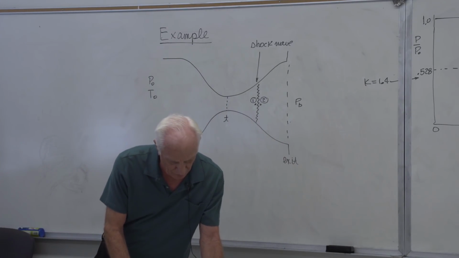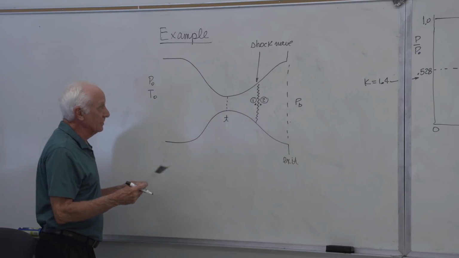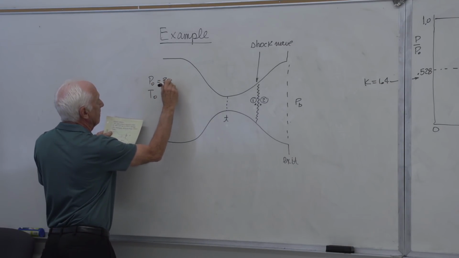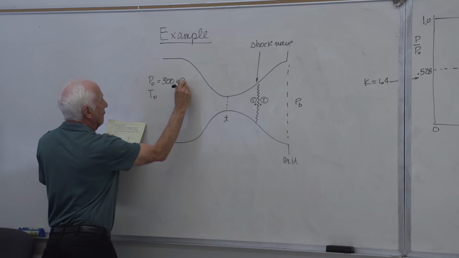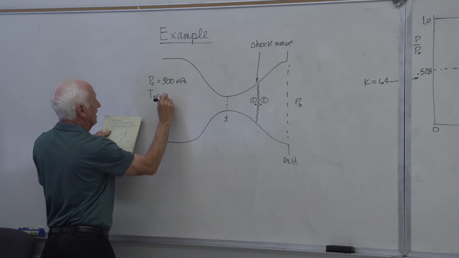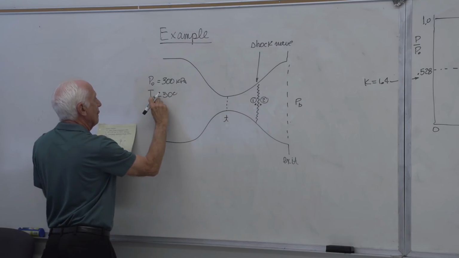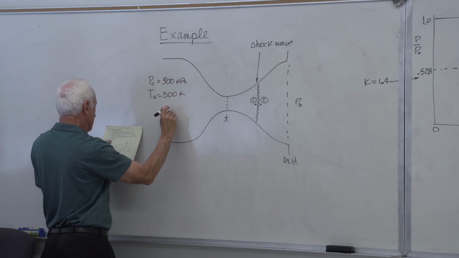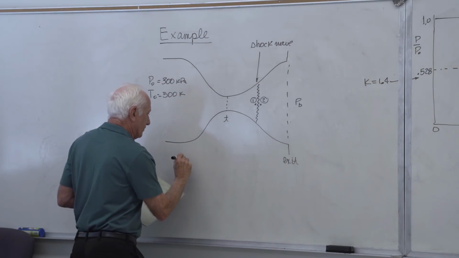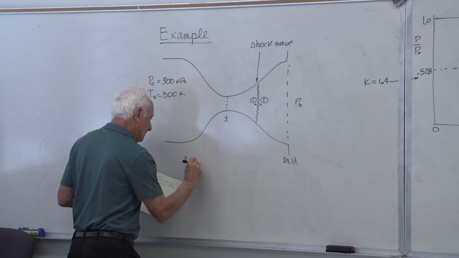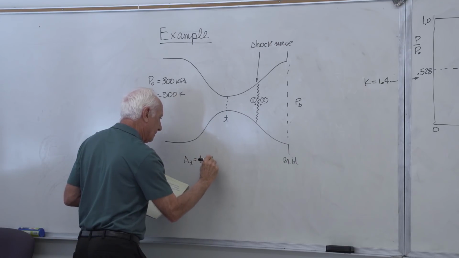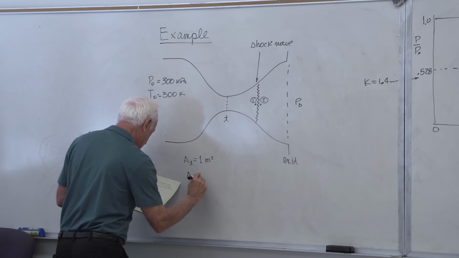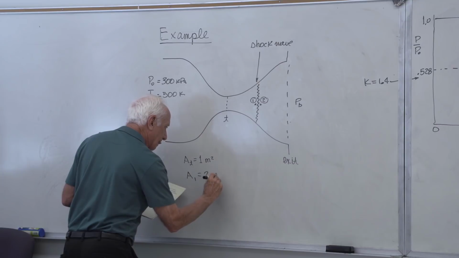Okay, so let's go through the specific conditions for this example problem. P naught is 300 kPa. T naught is 500 K. The area of the throat is 1 square meter. The area where the shock is, is 2 square meters.